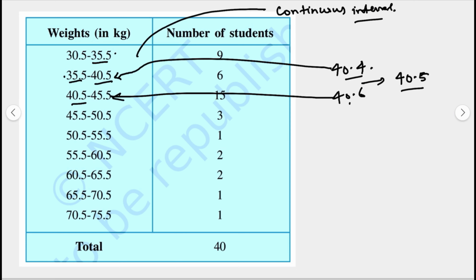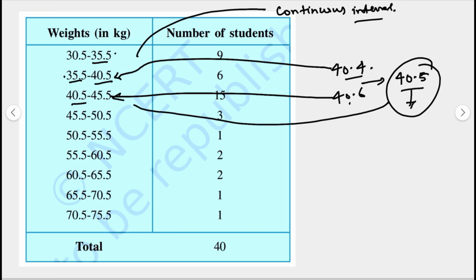So in order to resolve this problem, we always include the number in the higher interval. That means this 40.5 will be included in 40.5 to 45.5, not here.